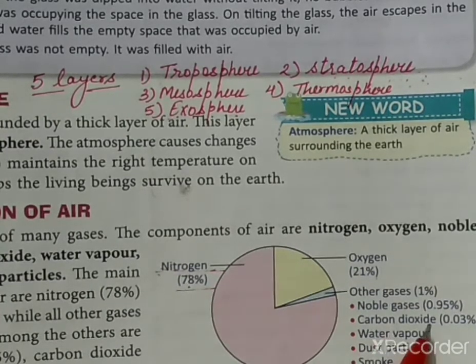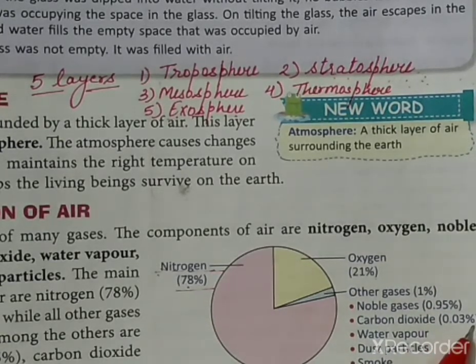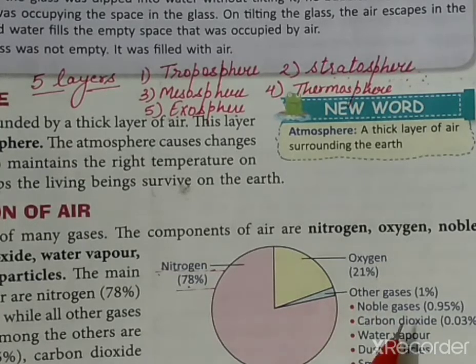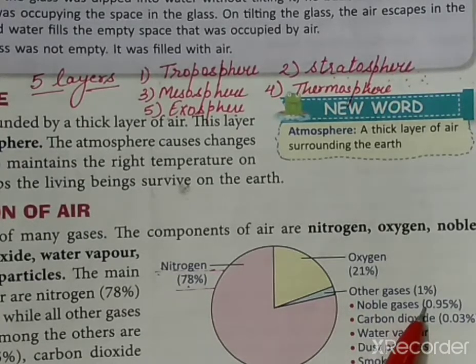The concentration of carbon dioxide in the atmosphere is only 0.03%. Noble gases are non-reactive gases, for example helium, neon, argon, krypton. These are the noble gases.